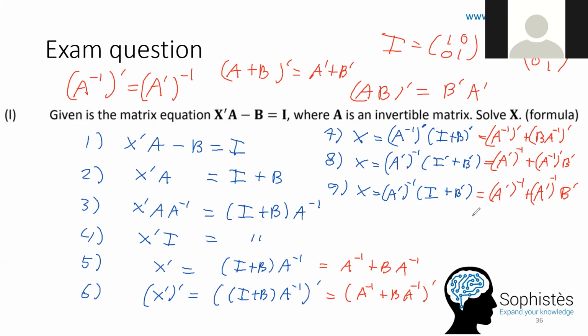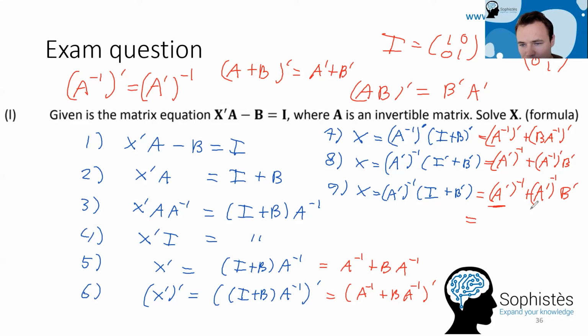Yes. And then if you want, you can take out the a prime -1 from both sides. And then you get I plus b prime. And that's also the final answer.